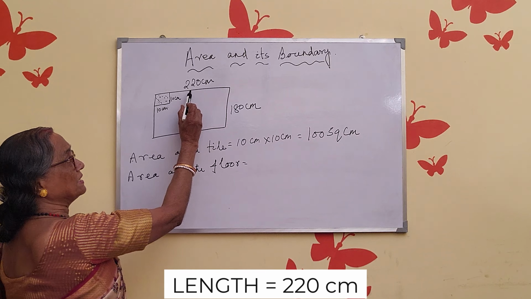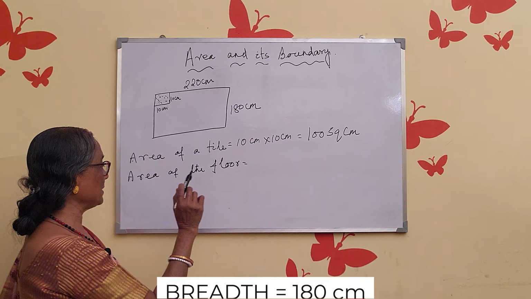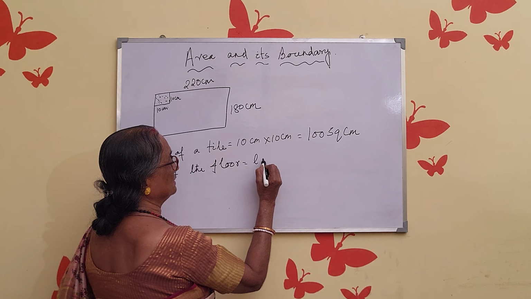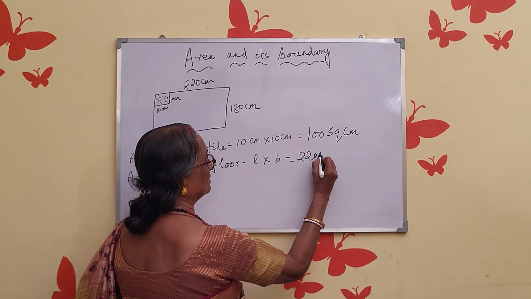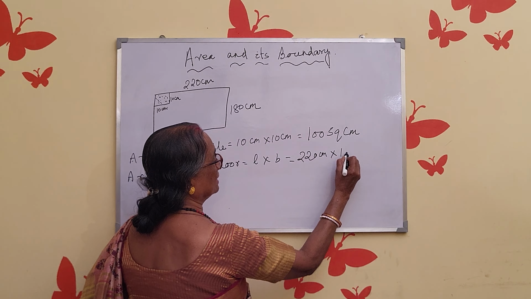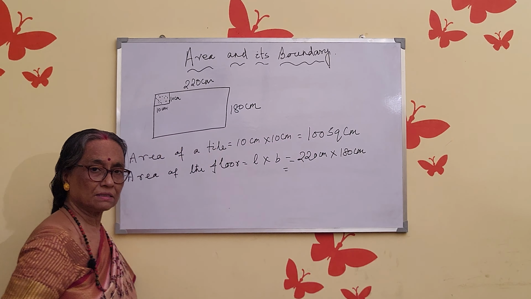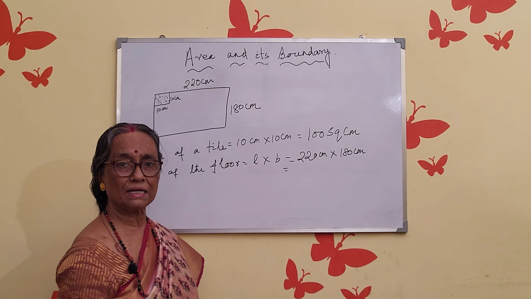So its length is 220 centimeter and breadth is 180 centimeter. Therefore, area of the floor is length into breadth, that is 220 centimeter into 180 centimeter. Now you multiply these both the numbers, 220 into 180.